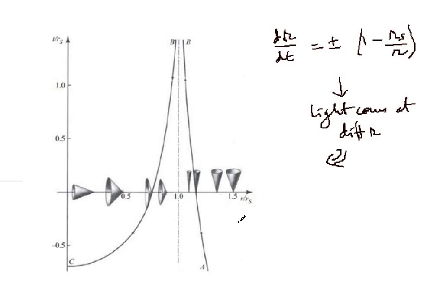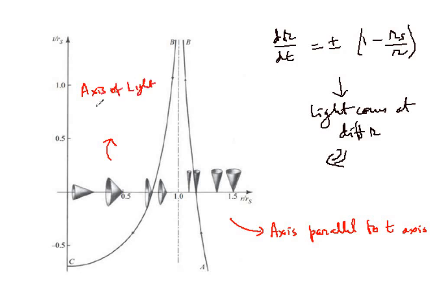So here the axis is parallel to the t-axis, and here the axis of light cones is parallel to the r-axis. Right, so I have just shown you here.